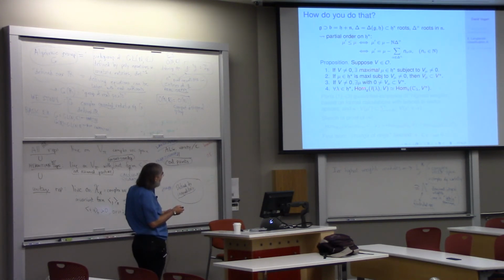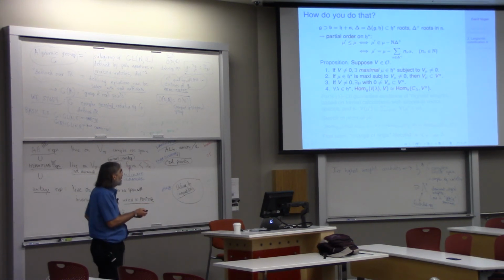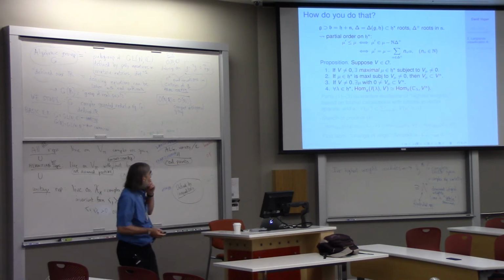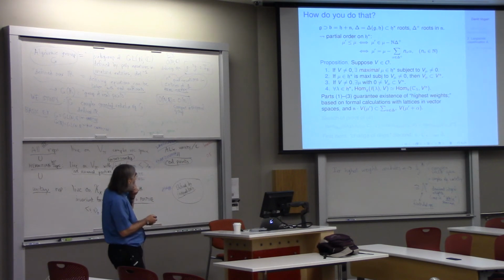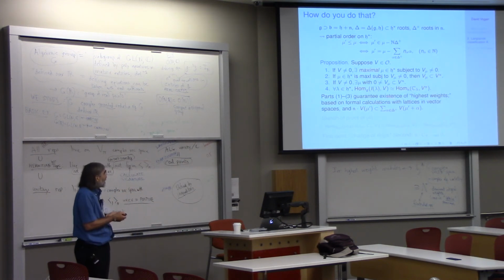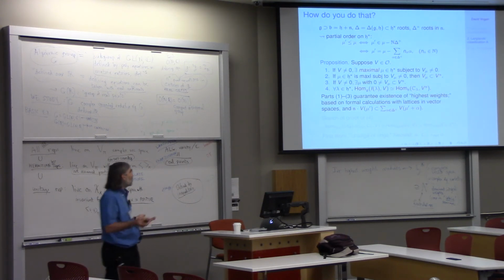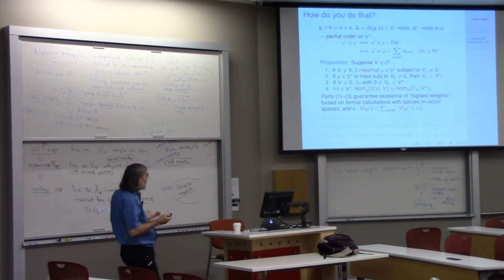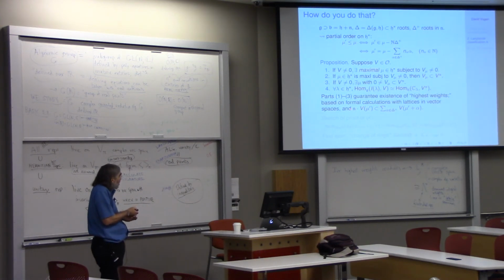It says if you take any Verma module, the G homomorphisms from this Verma module to V are given by the H homomorphisms from this one-dimensional lambda into the n invariants of V. So this 1 to 3 is what says that there are highest weights, and the proofs of 1 to 3 are formal facts about lattices in vector spaces and what the action of n does to a weight space.